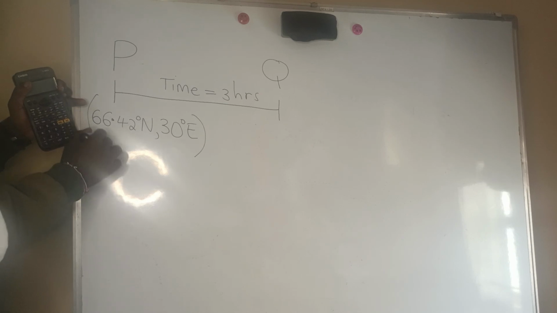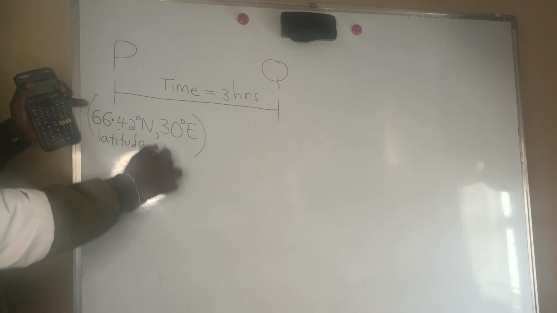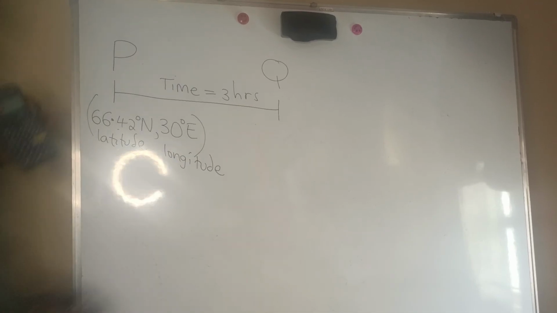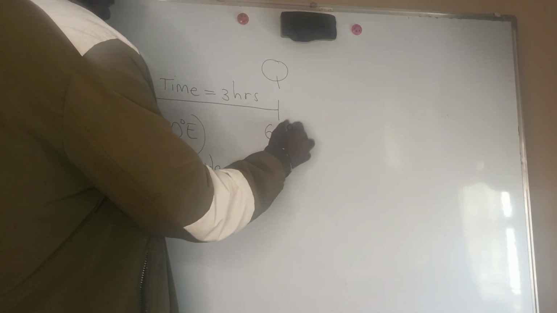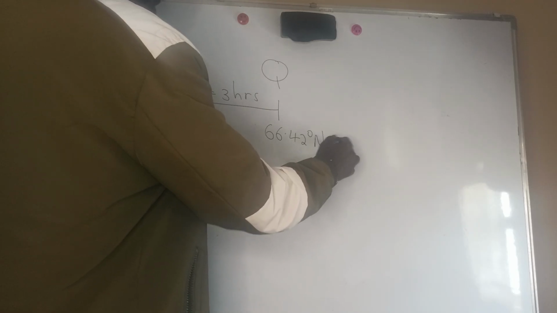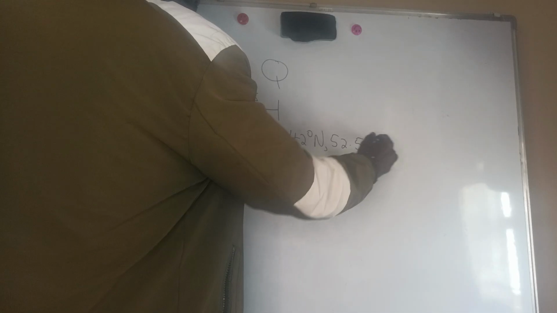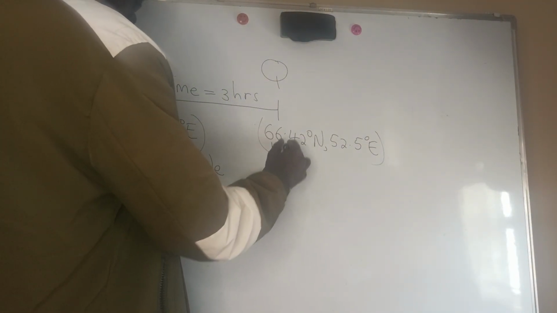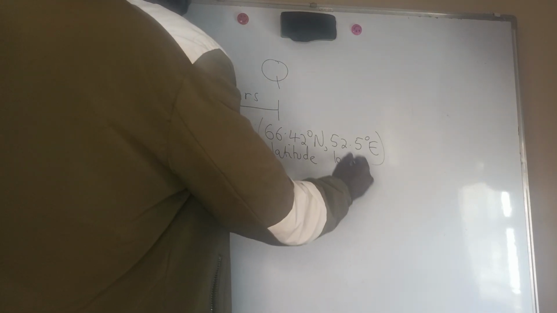The first point is always the latitude, and the second point is always the longitude. The point Q is given the following coordinate: 66.42 degrees north and 52.5 degrees east. Again, the first is our latitude and the second is our longitude.